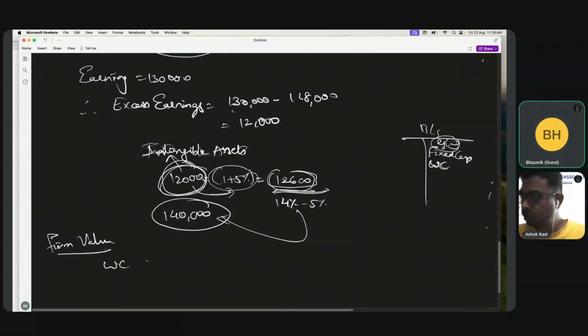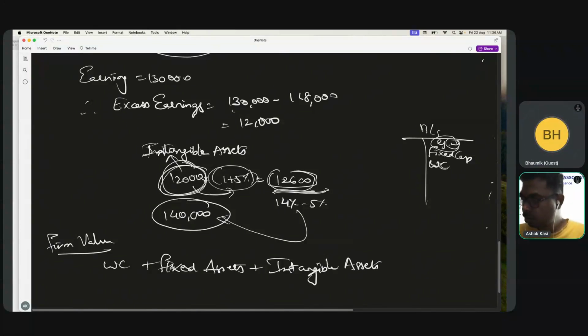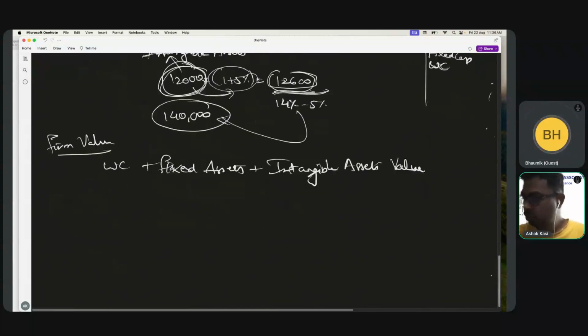So working capital plus fixed assets plus intangible assets value. So working capital is 3 lakh, plus 10 lakh.